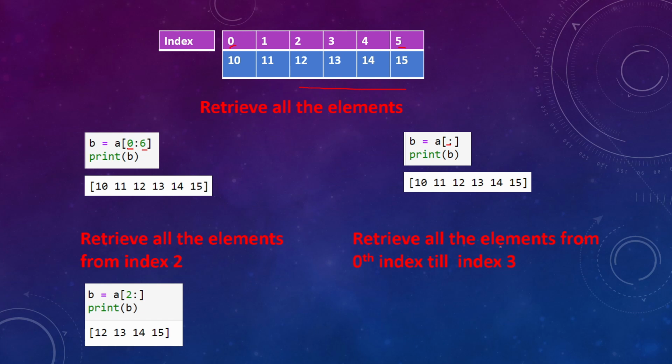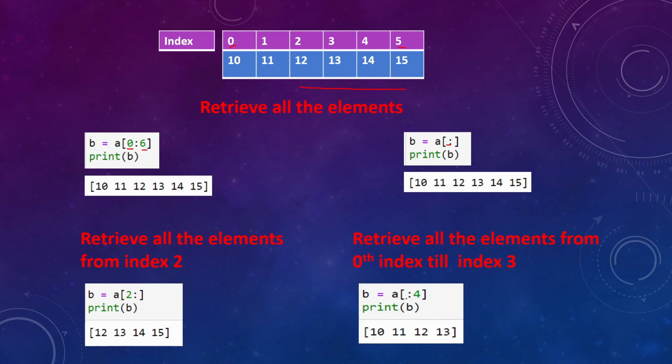Similarly, if we want to retrieve all the elements from the 0th index till index 3, the start index is 0, so there is no need to mention it, but we need to mention the end index. Since we want to reach till index 3, we mention 1 greater than 3, that is 4. So we will get the desired result. I hope this much is clear.